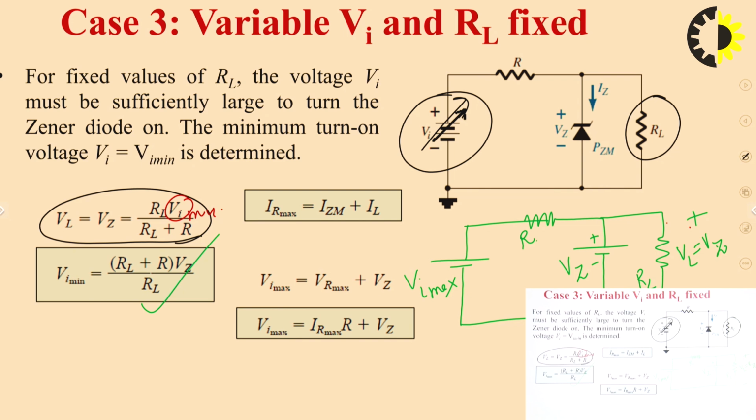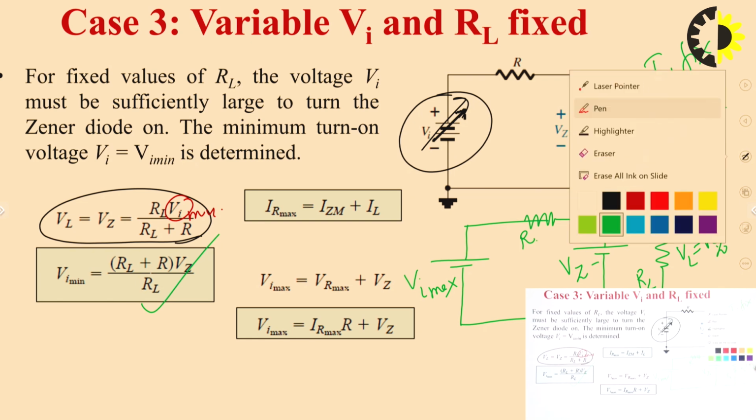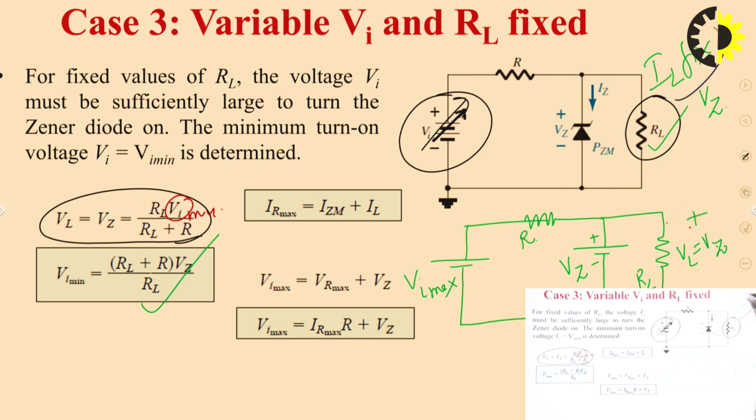Okay. Now, see, in this case, IL is fixed, because RL is fixed and Vz is fixed. So, in this case, IL is fixed, right?